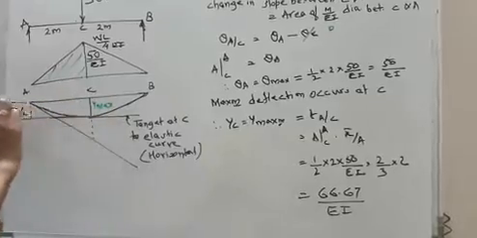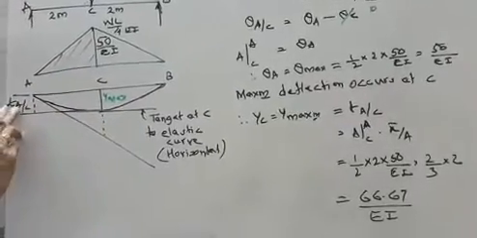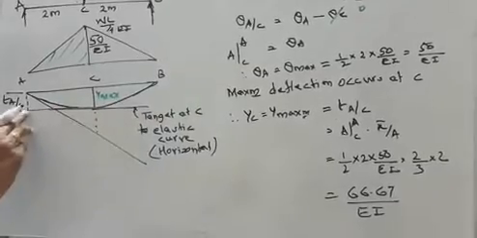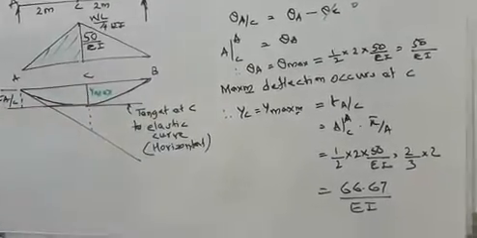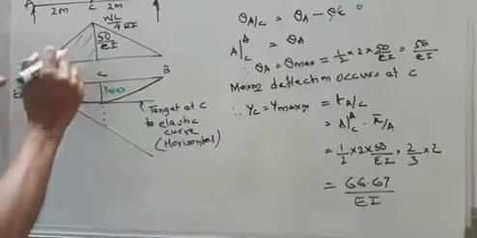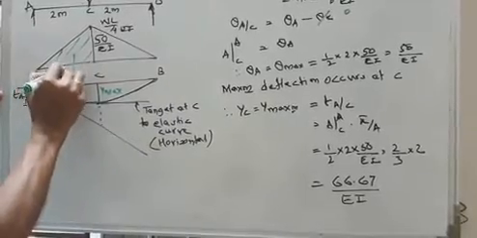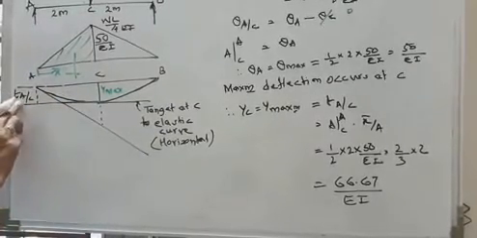So this Y maximum is equal to TAC. What is TAC? Tangential deviation of A with respect to the tangent drawn from C. How to calculate TAC? It is the area of the M by EI diagram between A and C, multiplied by the distance of the centroid with respect to A, because you are calculating the tangential deviation of A.